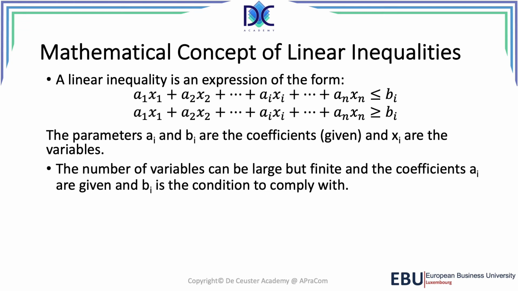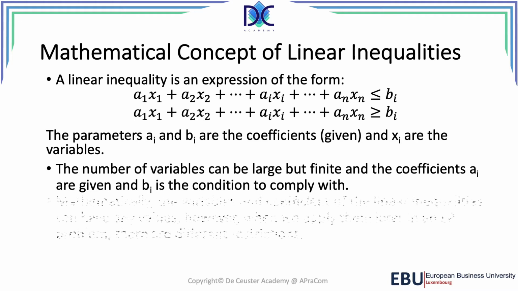Now, the number of variables can be large but finite, and the coefficients ai are given, and bi is the condition to comply with. So we have to have our budget. We have to spend less than our budget, so bi would be the budget.